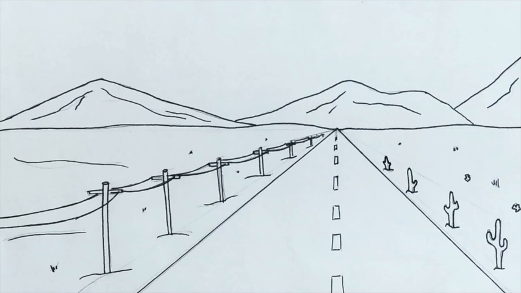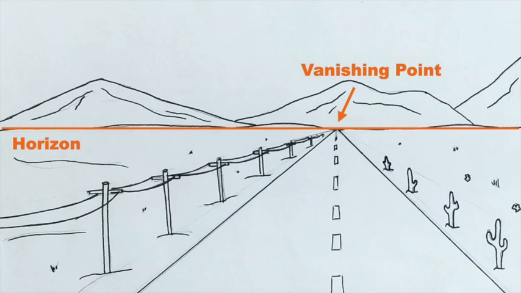So we're all going to need to start in a similar way with some of the basics. And we'll talk a little bit more about this when I'm showing you how to set up your page. But we all are going to need to start with a horizon and a vanishing point. Now you'll notice this vanishing point's a little different from the ones we looked at last week because it is not in the very center of our page.